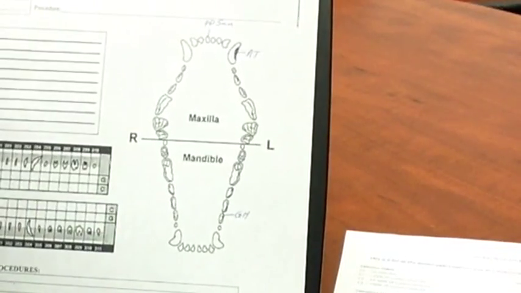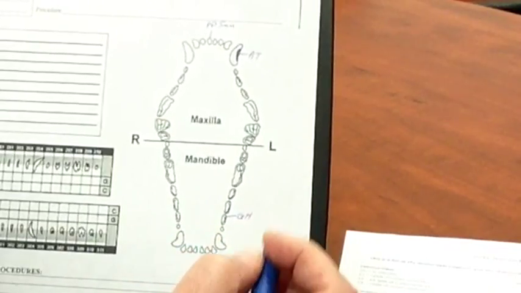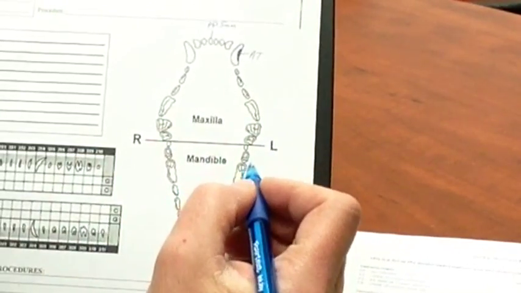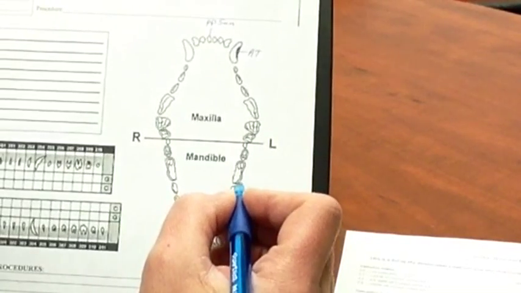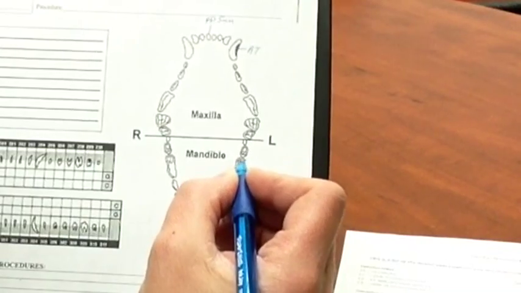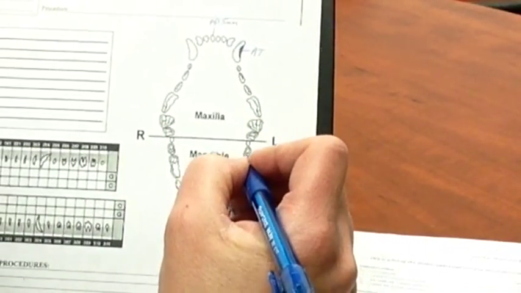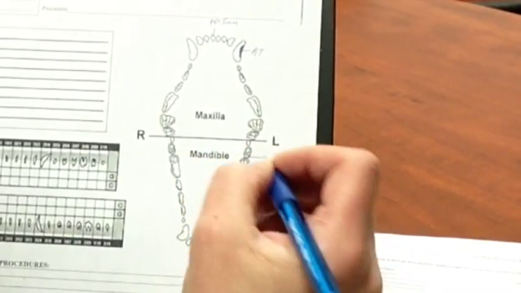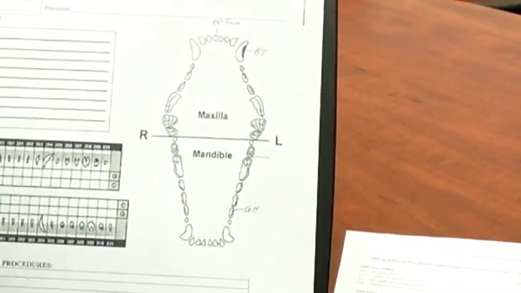I hope you get the idea that what we're going to do is draw a line to whichever part of the tooth that it's on, mesial, buccal, buccal distal, distal, etc. So we're going to draw that line to that part of the tooth and code whatever abnormality we found. All right?